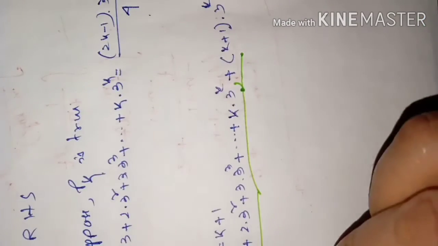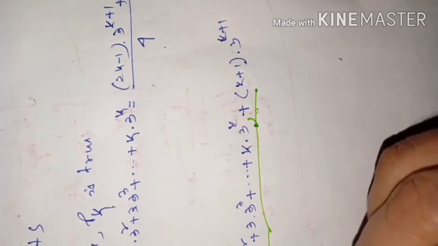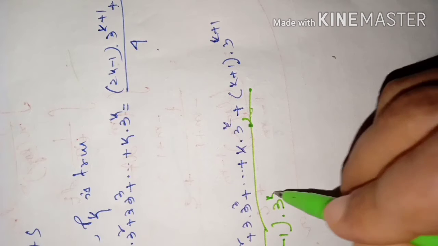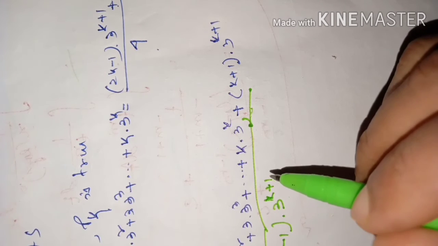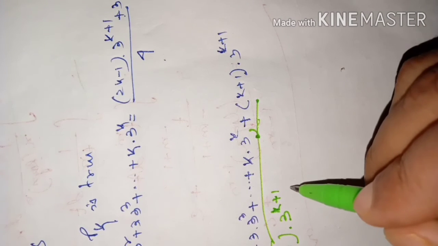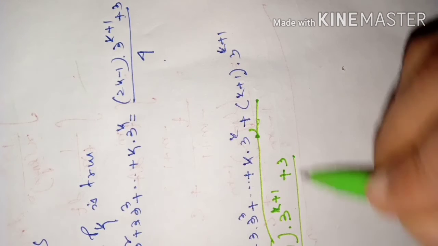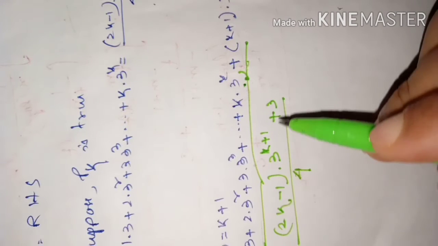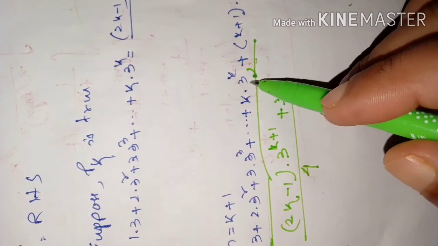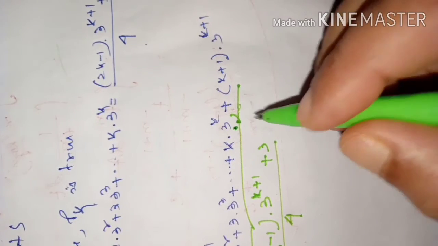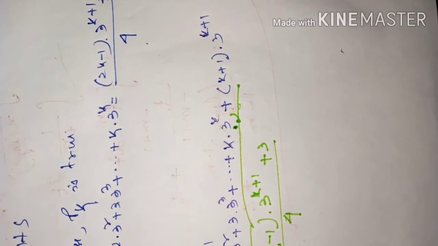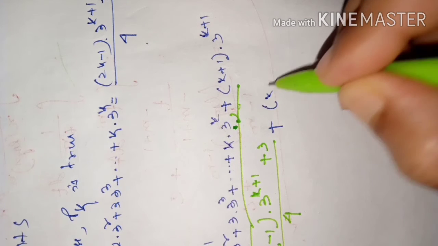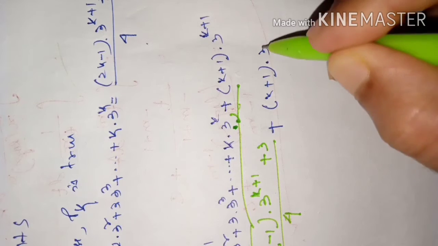So we can substitute that expression here: (2k minus 1) into 3 to the power of k plus 1, plus 3, divided by 4. From the first term to this term. Now the last term is remaining. What is the last term? Plus this (k plus 1) into 3 to the power of k plus 1.